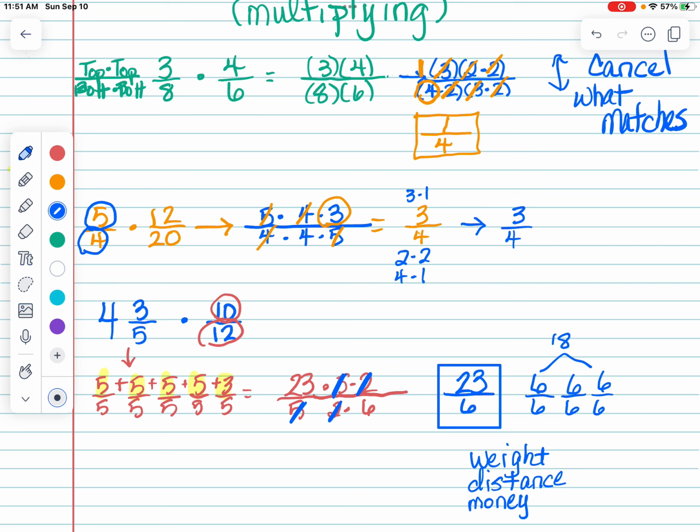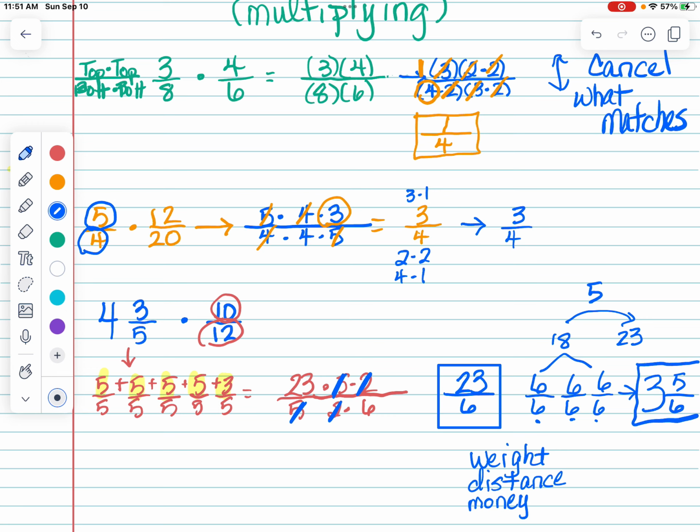So if I count from 18 to 23, I get 5 more. So that means that I have 3 wholes, because I pulled out 1, 2, 3, with 5 left over and 6.